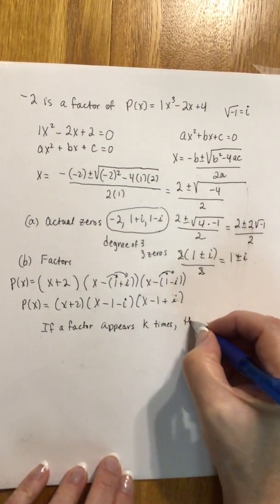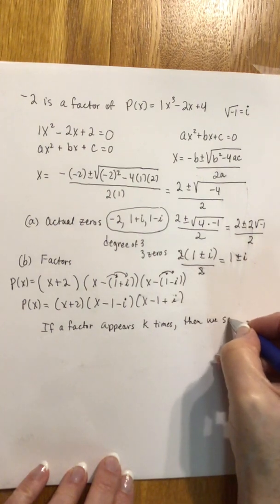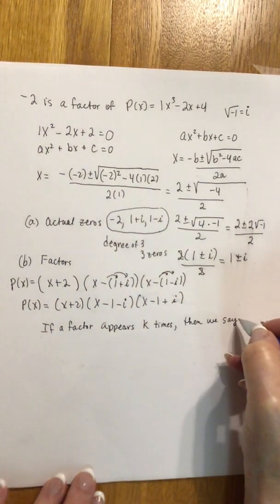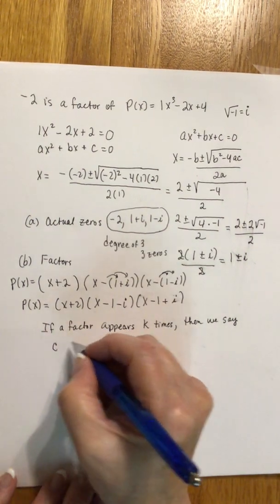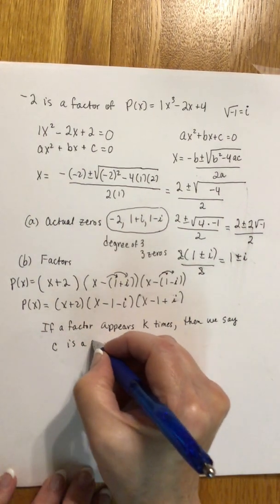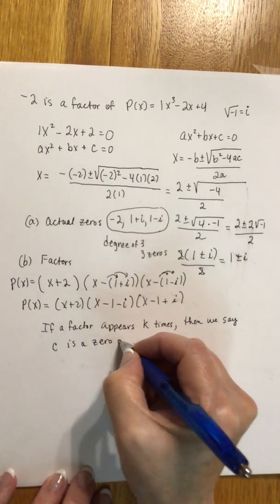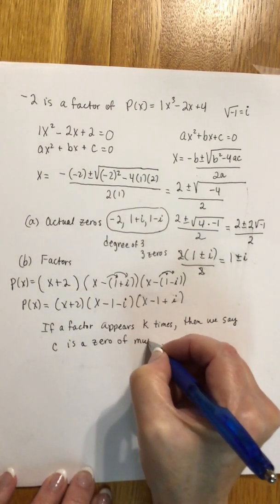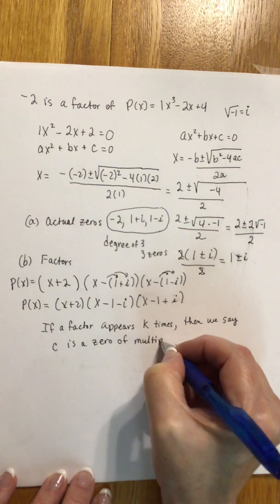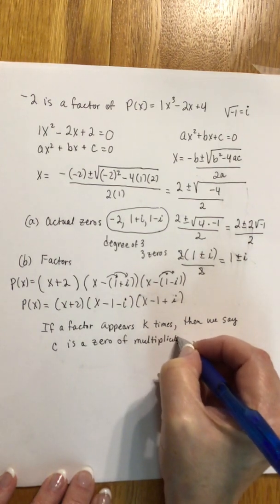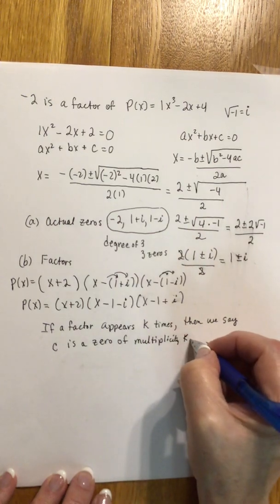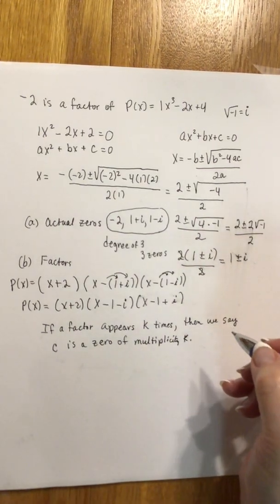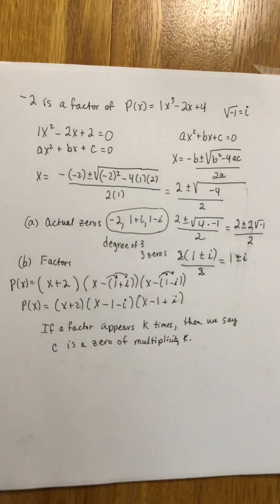Then we say c is a zero of multiplicity k. So k is the number of times that it occurred. So give everybody a chance to catch up with that one, and then we'll try another example.